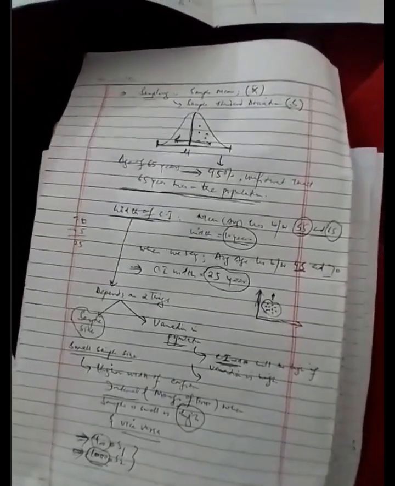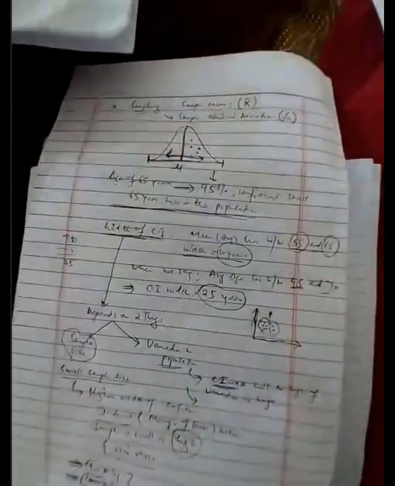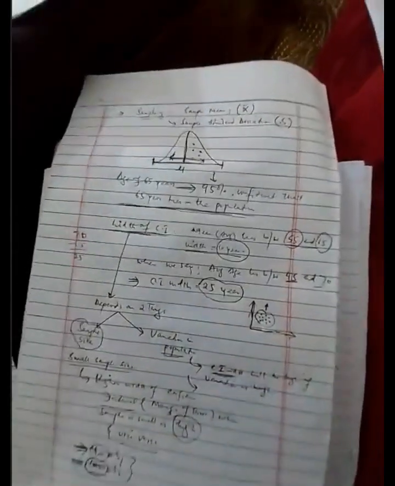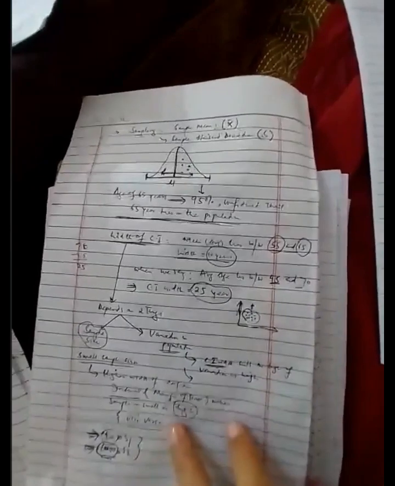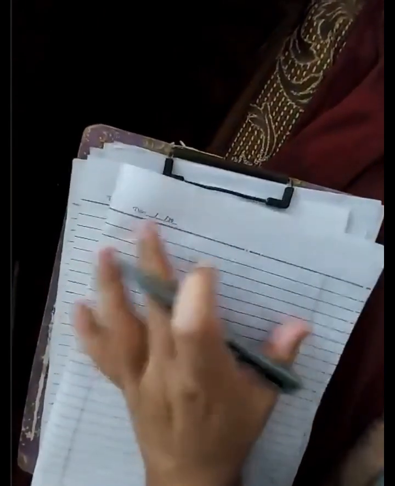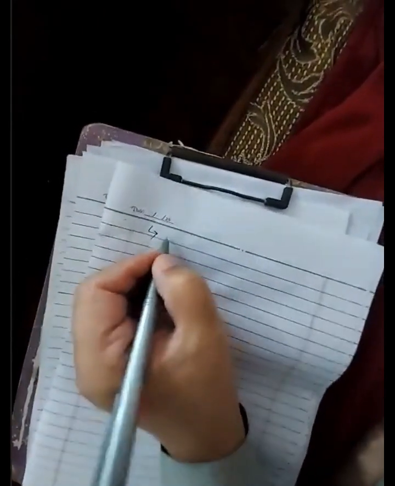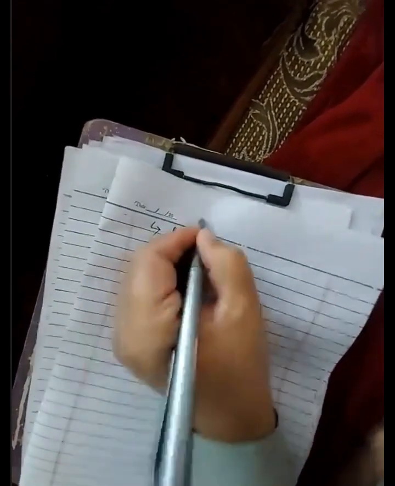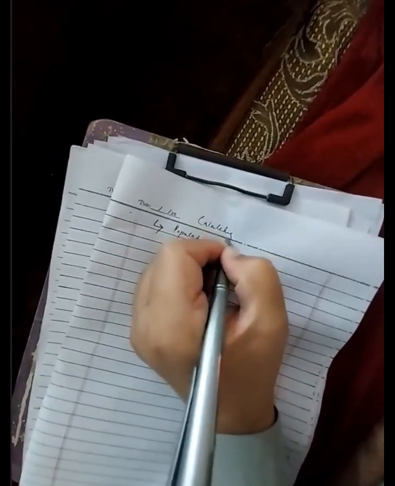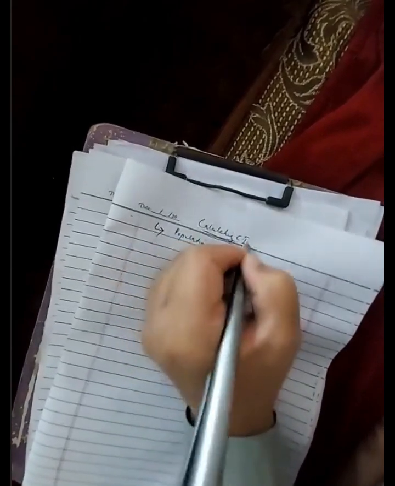Now I will come to the calculation part, and we will see what the confidence interval is in equation form. For example, we want to investigate the population parameter, calculating the confidence interval.